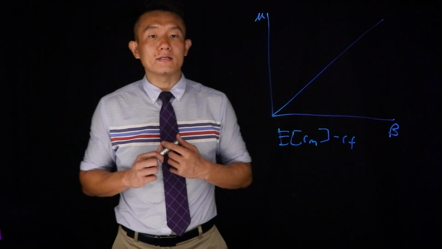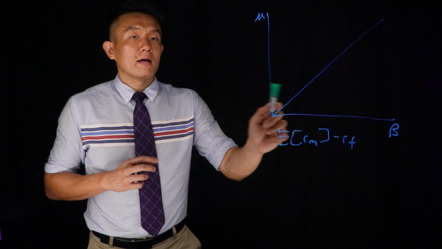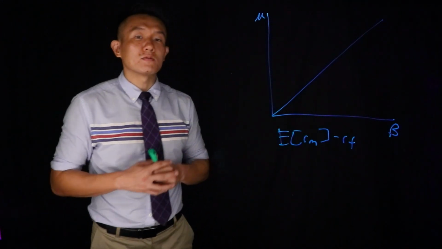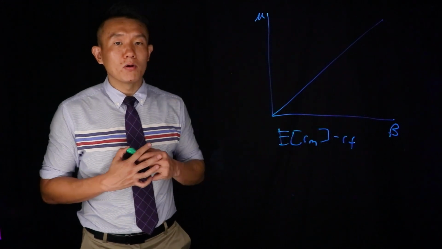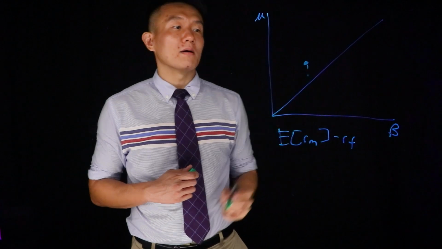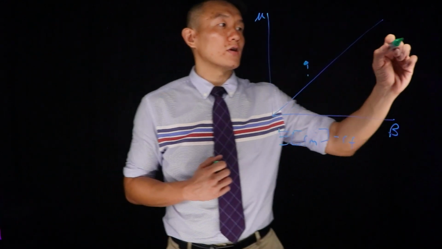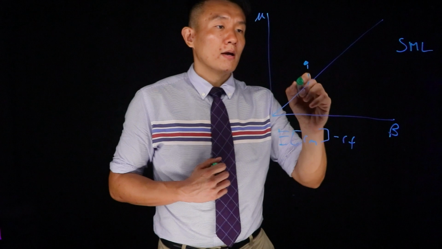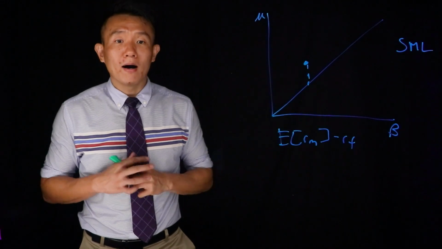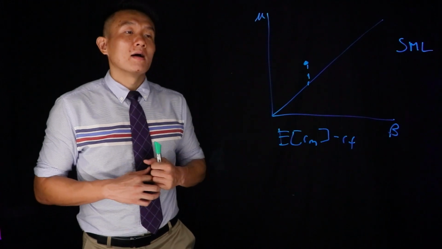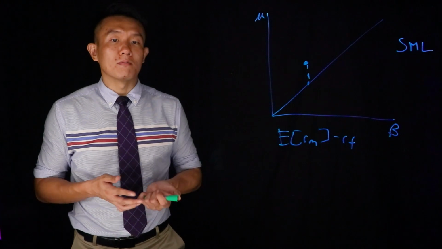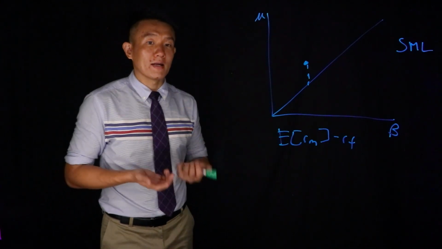What it's saying is that every stock only has a return which is proportional to its level of exposure to market risk. I can't have a stock that lies above this line. This line is called the security market line, because a stock that lied above this line would have a positive alpha. It would have an excess return that can't be explained by exposure to market risk, and in the context of the CAPM, we can't have that.